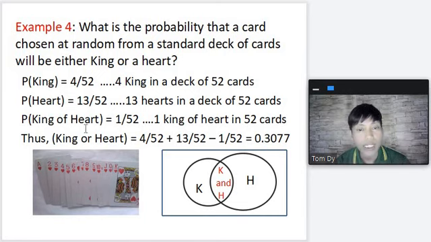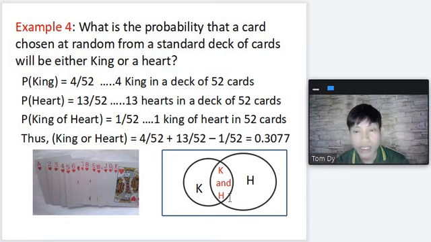The probability of king or heart is equivalent to, king is 4 over 52, plus 13 over 52, that is the probability of a heart, minus probability of king of hearts, that is 1 over 52.